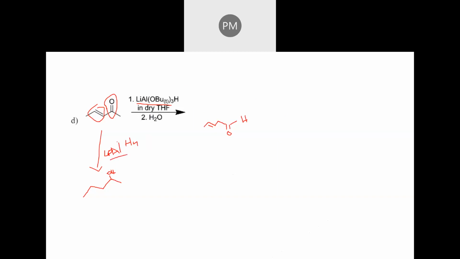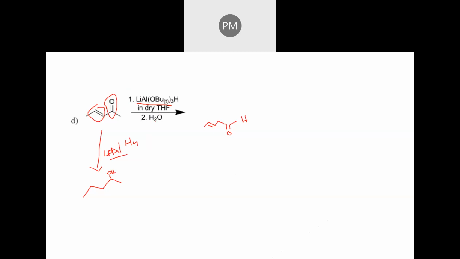If you are given lithium aluminum hydride as the reagent, then it reduces all of this, the C=C bond and also this carbonyl center. But when given the substituted lithium aluminum tert-butyl hydride like this, it will not reduce the carbonyl into alcohol. It reduces this carbonyl into aldehyde.